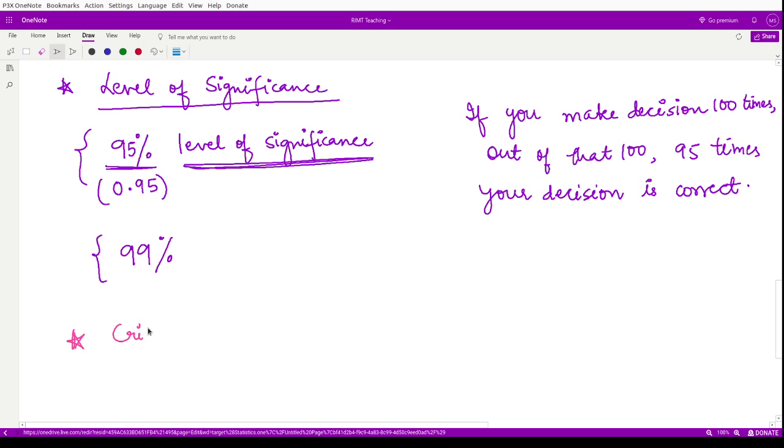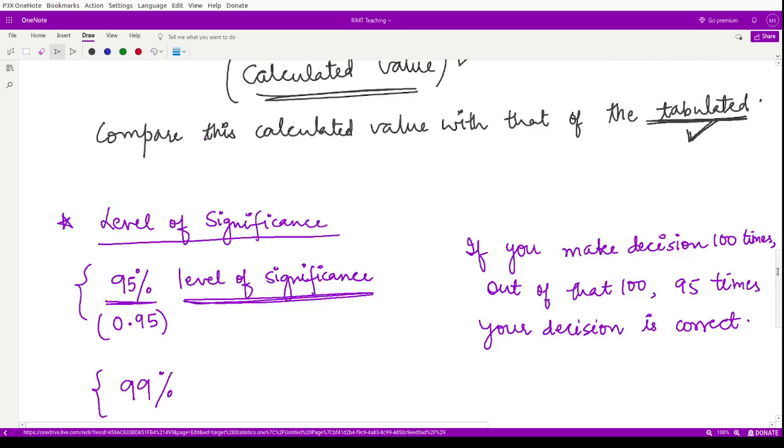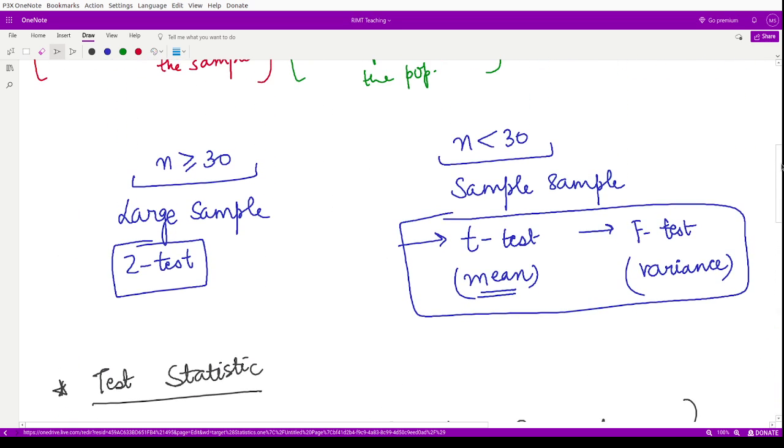Now what is this critical region? Before defining it, let me tell you that all these tests, the Z test, T test, F test, and most of the tests, are approximated to normal distributions. Now what is normal distribution? It is a continuous probability distribution, so that is a part of probability distributions.